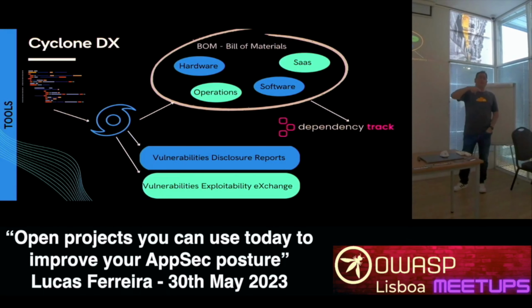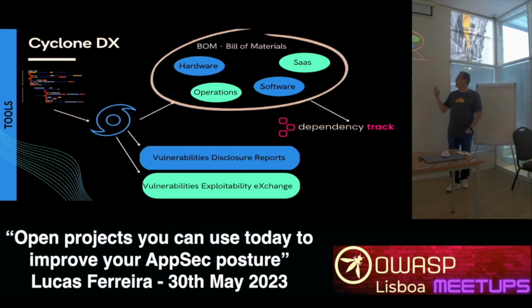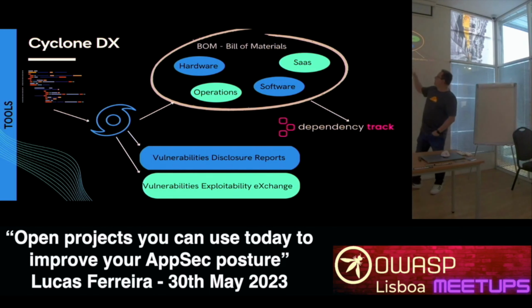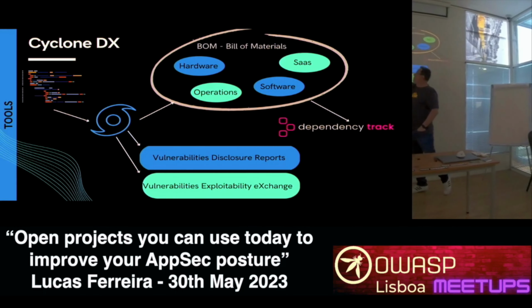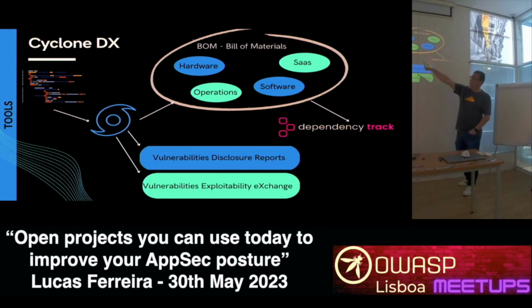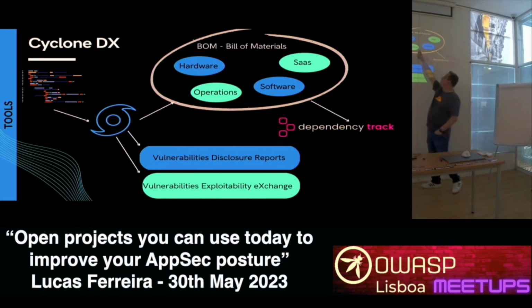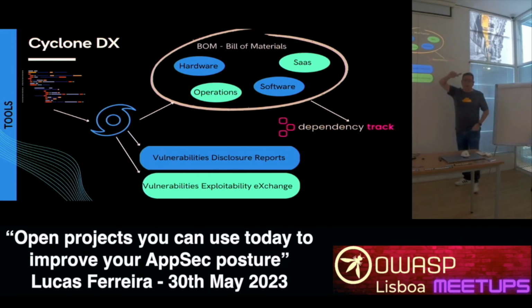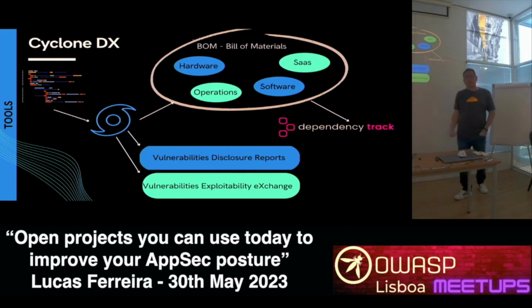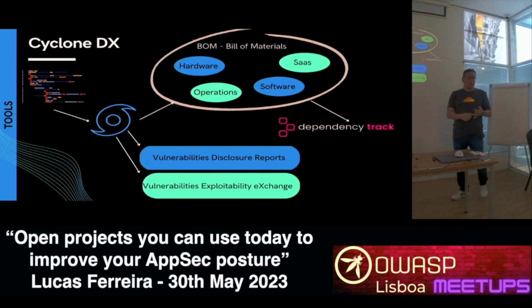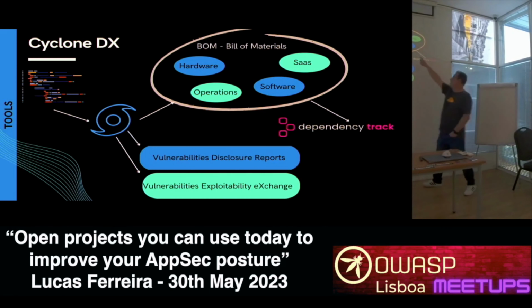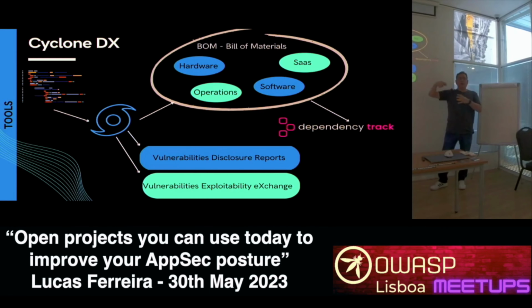Together with the dependency track, there is Cyclone DX, which is another OWASP project. Cyclone DX is basically the tool that will generate the BOM, the bill of materials that's ingested by dependency track. So Cyclone DX, which is this guy here, gets the source code, extracts from the source code all the information about all the components that are used, so which libraries, which versions and everything, and it allows this to be done in a standardized way.